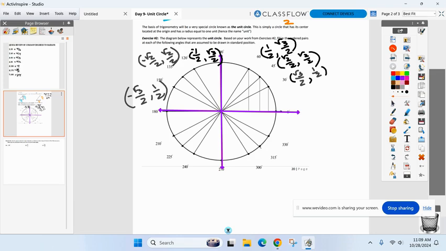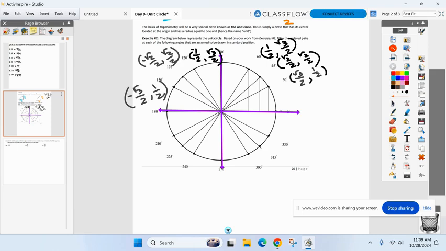Let's go to 225. Reference angle, 225. Okay, what's the point? Go over in the first quadrant. What was the point at 45?